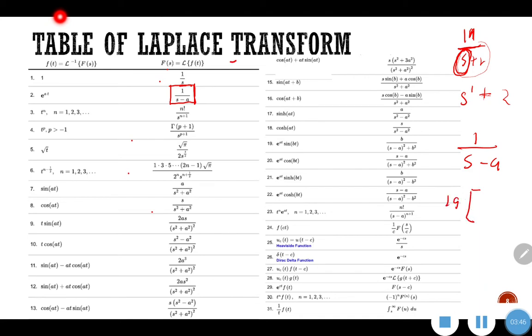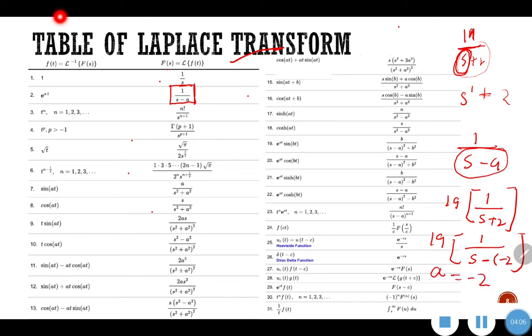So we have s plus 2. So s plus 2 compare dengan s minus a. Maknanya tu, s plus 2 ni sebenarnya kita boleh jadikan dia s minus a, which is minus 2. So from here we know that our a is equal to minus 2.